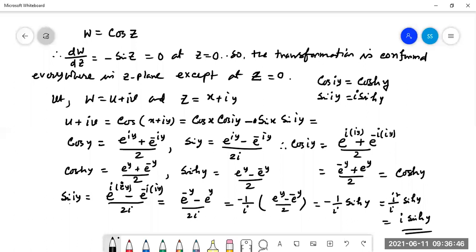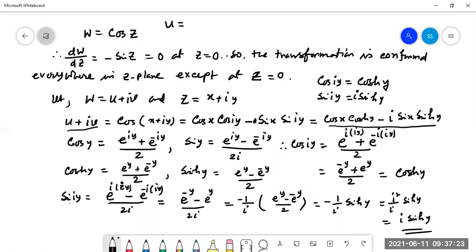So from here we can write cos x cos hyperbolic y minus I into sin x sin hyperbolic y. Equating the real and imaginary parts of the left hand side and the right hand side, what should we get?